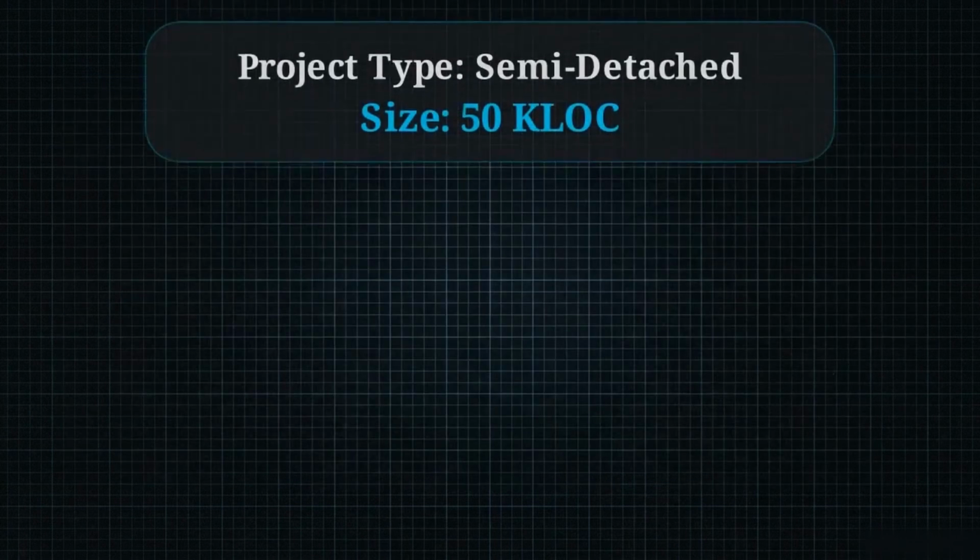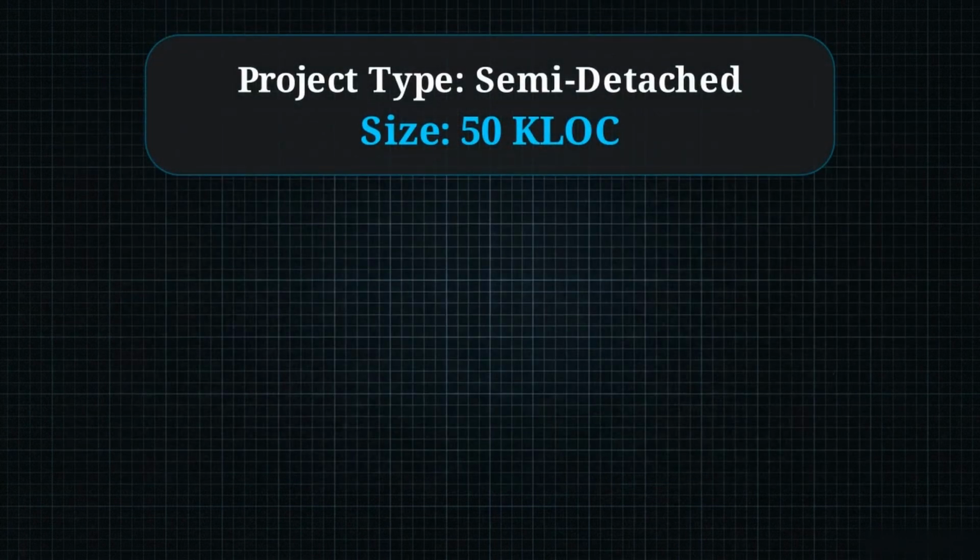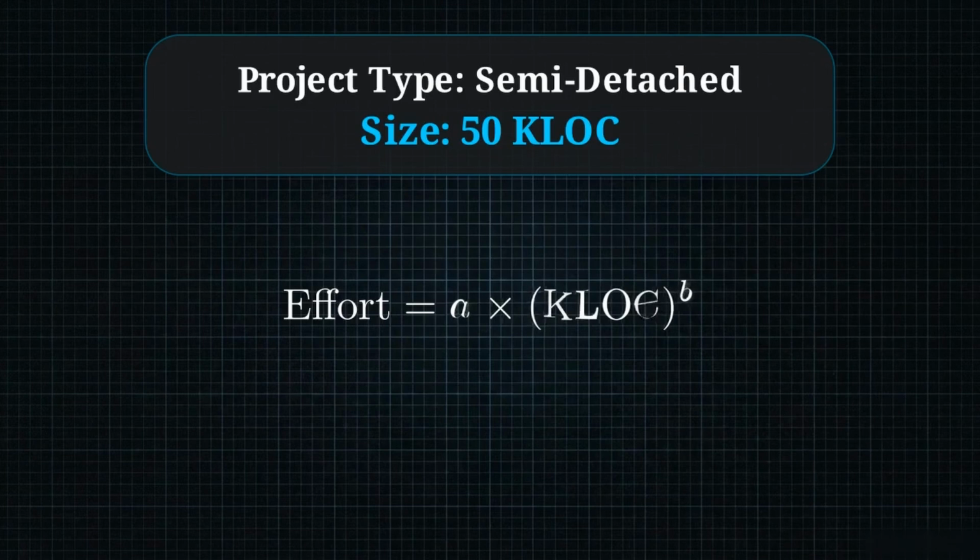Let's test this out. Try calculating the effort for a semi-detached project with a size of 50 KLOC. Use the table constants in your head. Setting up the formula with semi-detached constants, you multiply 3.0 by 50 to the power of 1.12.